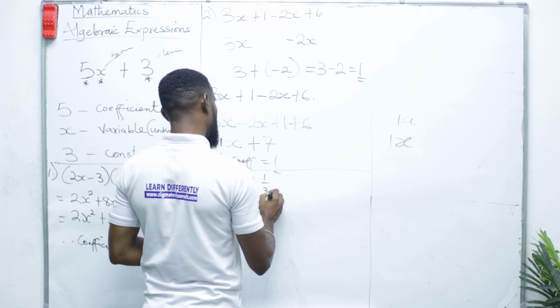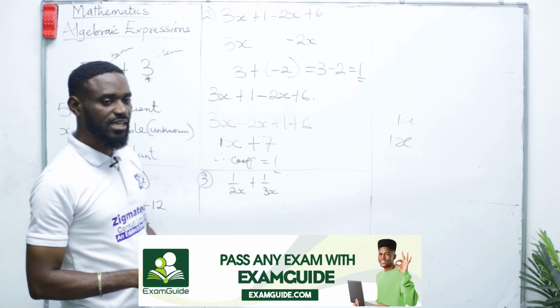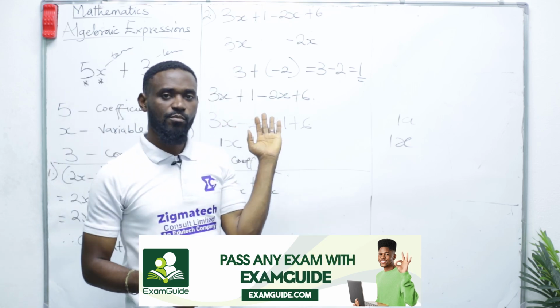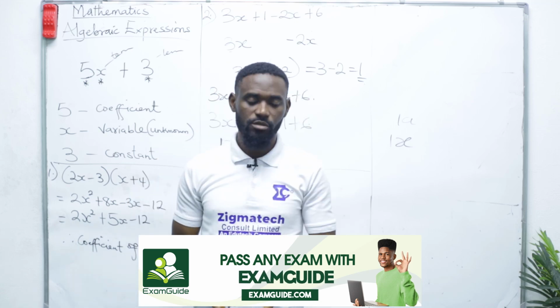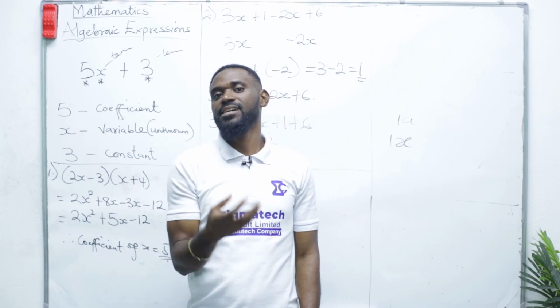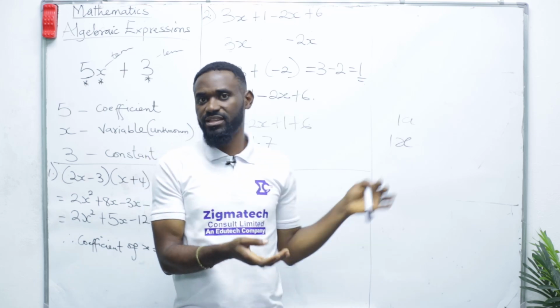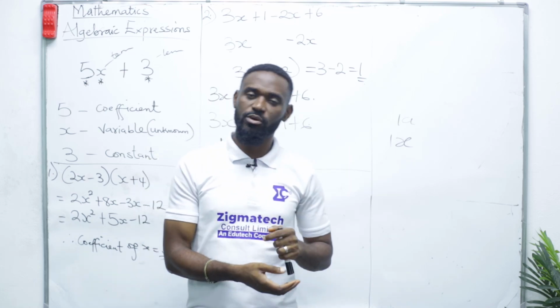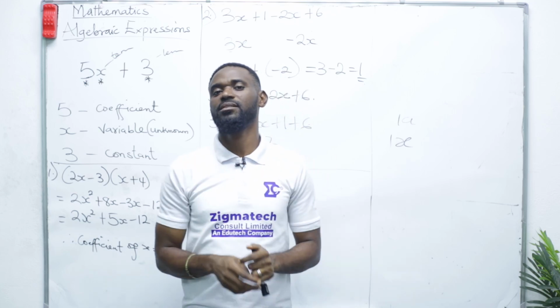So this is a fraction, but it is an algebraic fraction. Why is it an algebraic fraction? Because there is a letter, an alphabet, in some of the terms. Any mathematical expression where there is an alphabet is an algebraic expression.